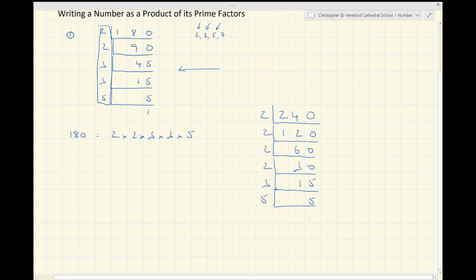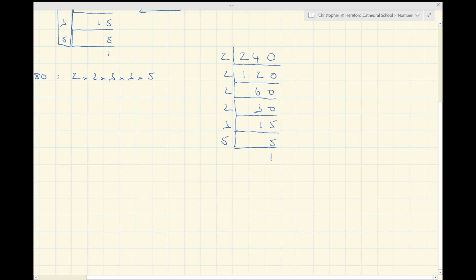Does 5 go in? Yes, it does. It goes in once. So according to the ladder method, 240 is 2 times 2 times 2 times 2 times 3 times 5, which, as you probably know, you can write as 2 to the power 4 times 3 times 5.